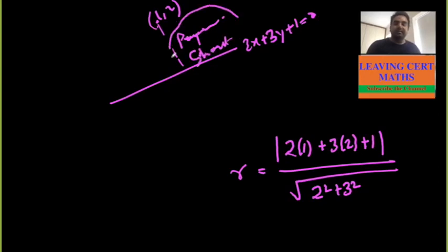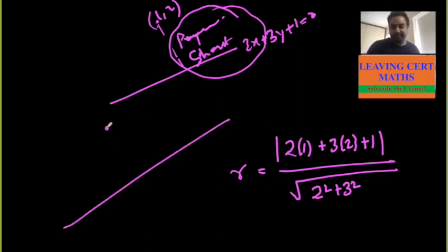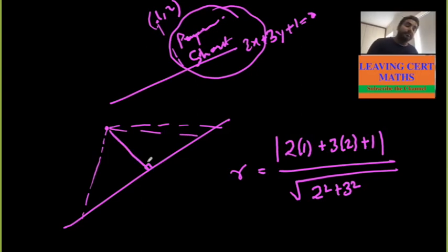Perpendicular distance is always the shortest distance, because if this is also a distance to the line, and this is also a distance to the line, this one will always be the shortest. So always remember the perpendicular distance is always the shortest distance. Okay, just one second.